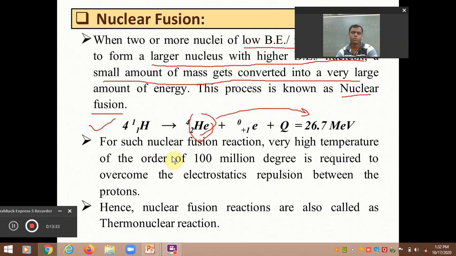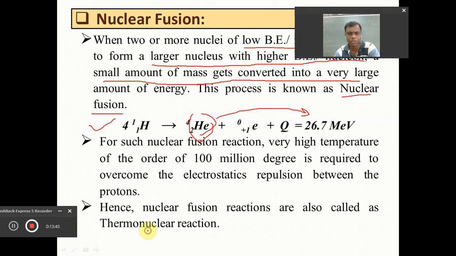That's why, in order to overcome this repulsive force, we require a very high temperature, and hence nuclear fusion reactions are also called thermonuclear reactions. Why is this so? Because nuclear fusion requires a very high temperature, and that's why it is also called a thermonuclear reaction.